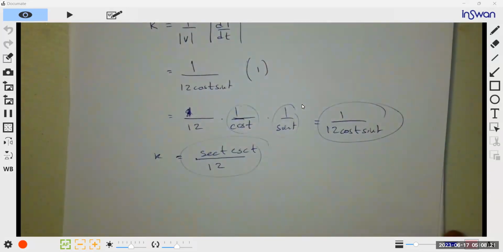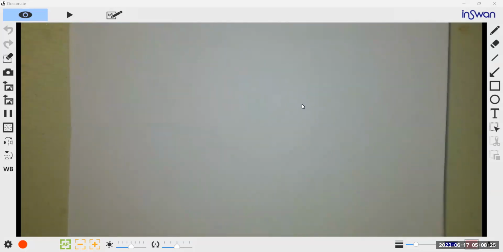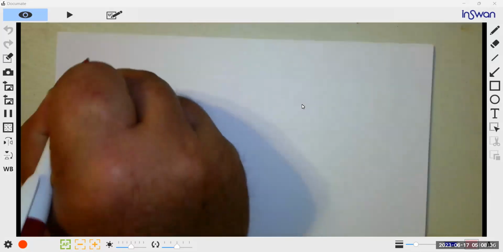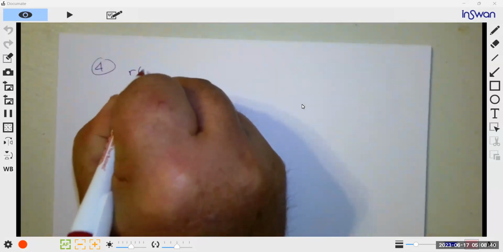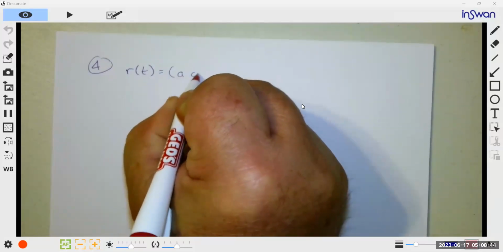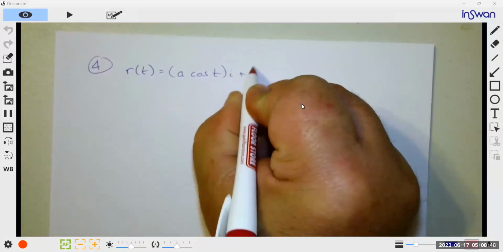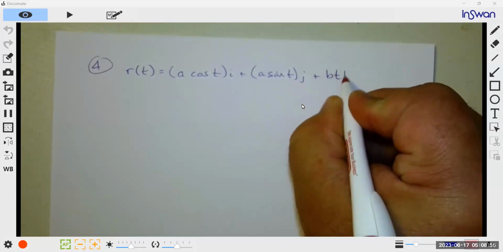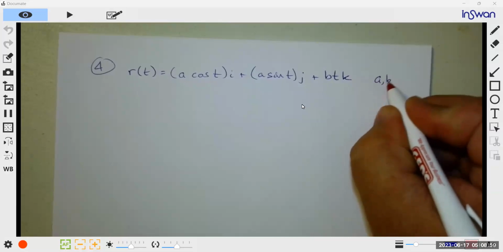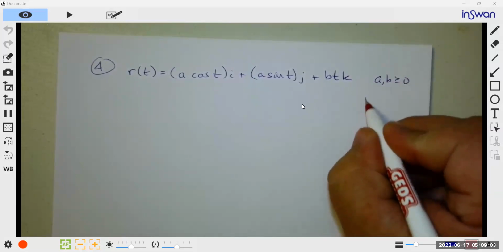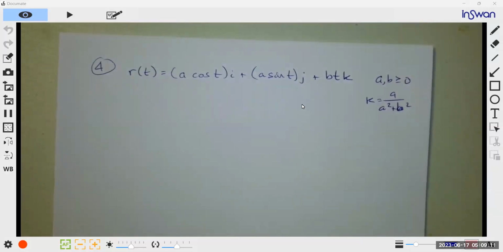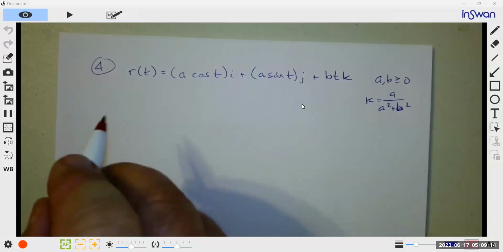All right. r of t equals a cosine t i plus a sine t j plus bt k, where a and b are both positive, and k is equal to a over a squared plus b squared.